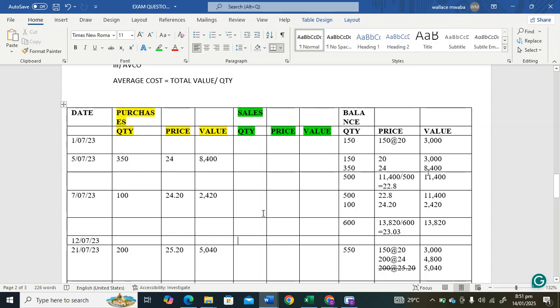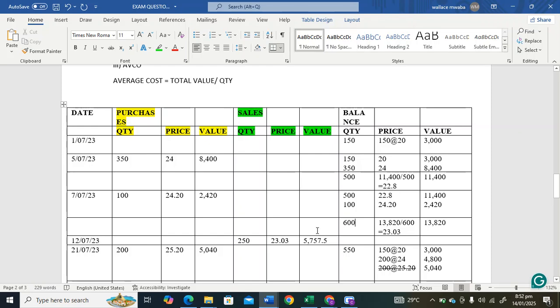Okay. On the 12th, we sold 250 goods. So you value them at this 23.03. So 250 times 23.03, we get 5,757.5.